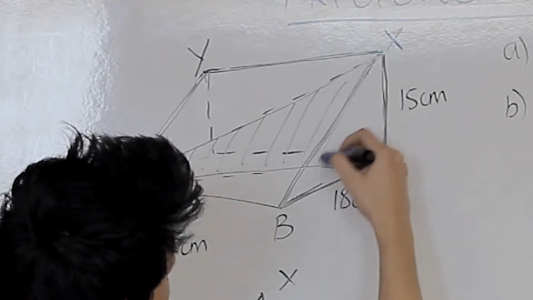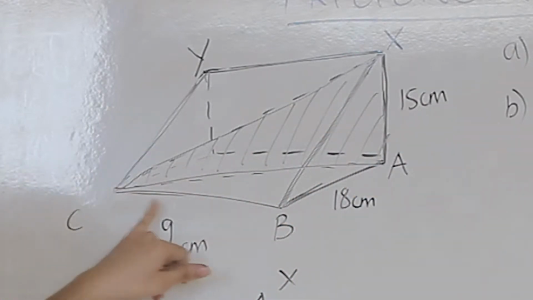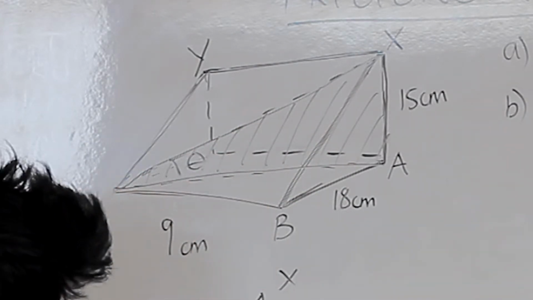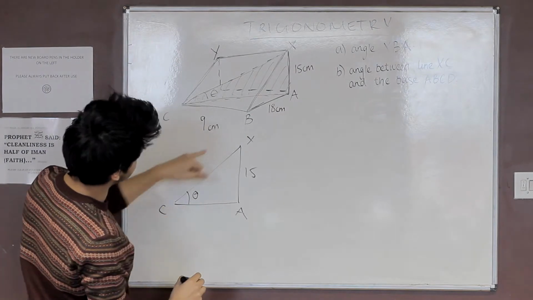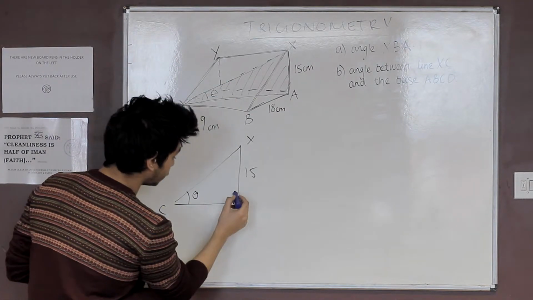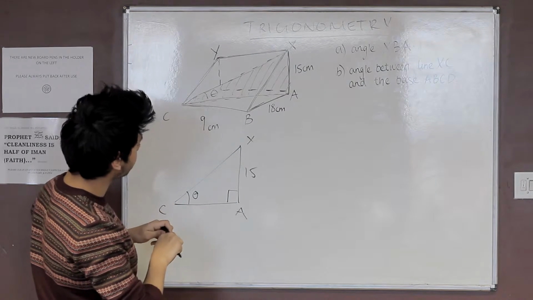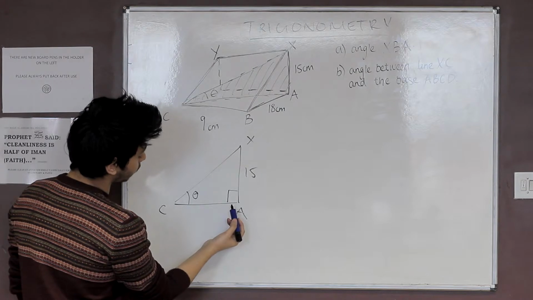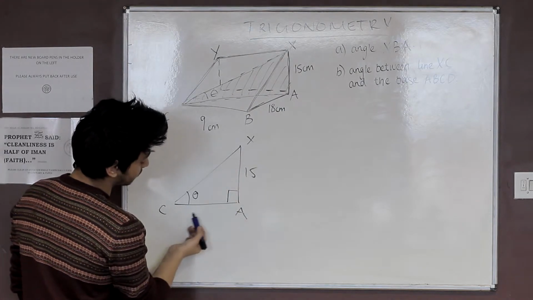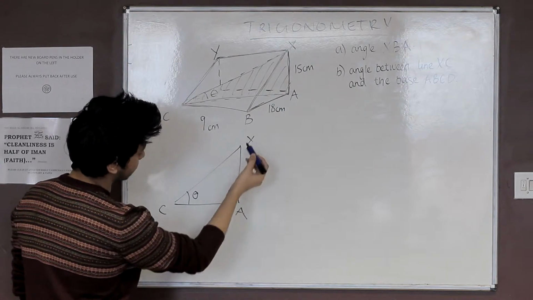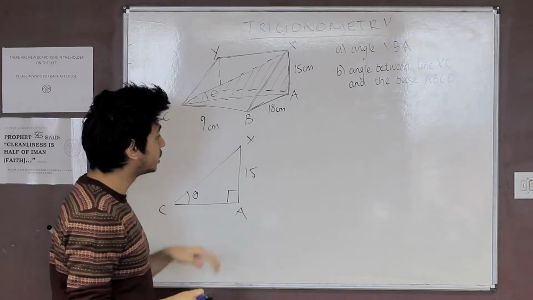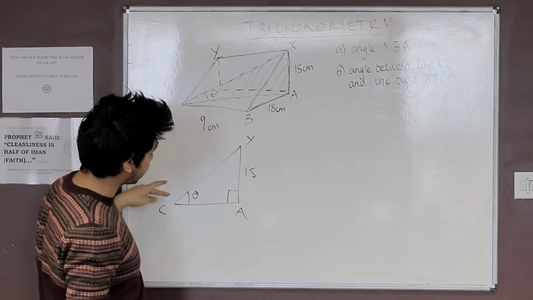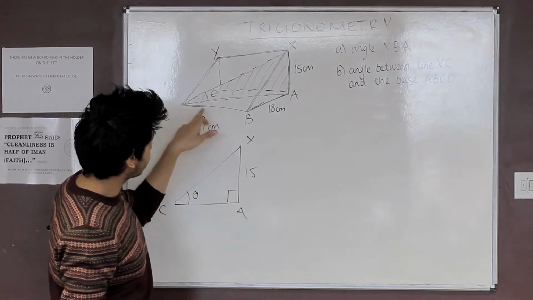There's a triangle that we've made with imaginary lines, and we need to work out this angle here that we make from C to X. We know this is a right angle, and we've got one side and an angle that we're trying to find, but we don't know the side between C and A or between C and X. So we need to look at our diagram and see if there's any way to find CX or CA.